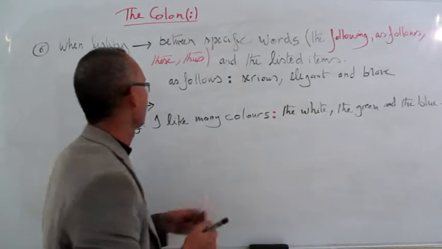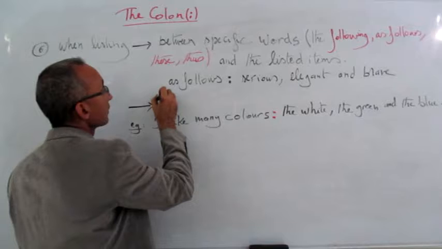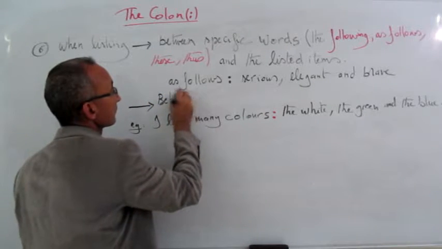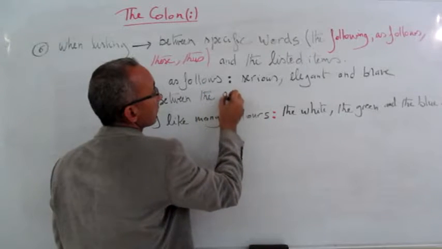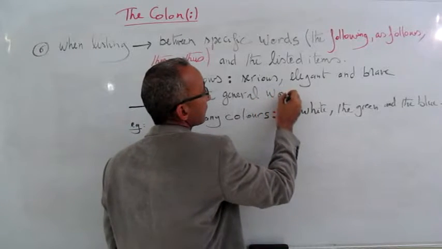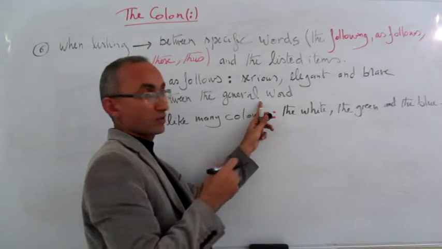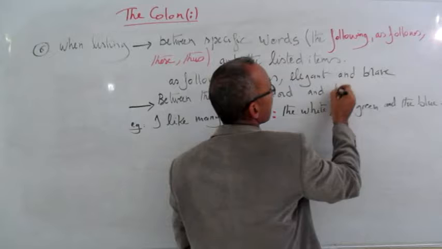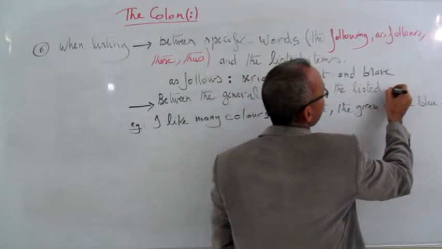So we write for this here: between the general word that includes the listed items and the listed elements.